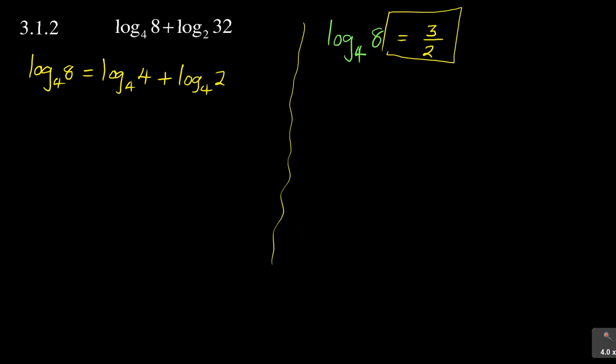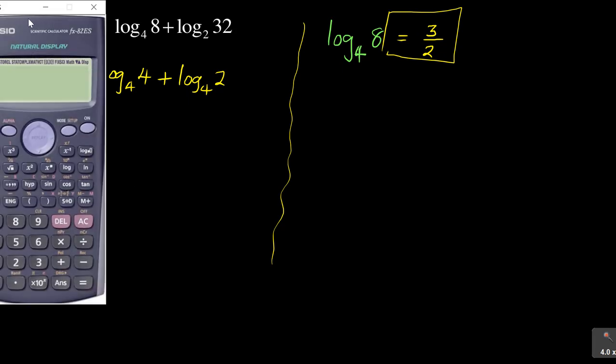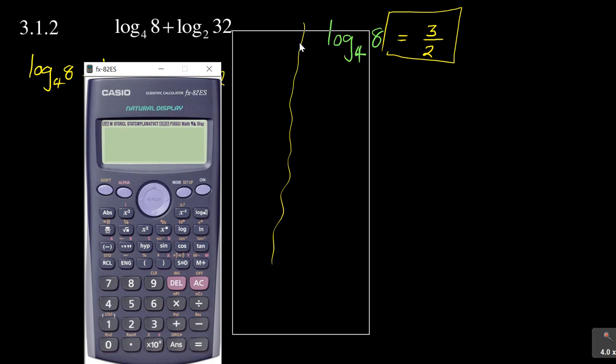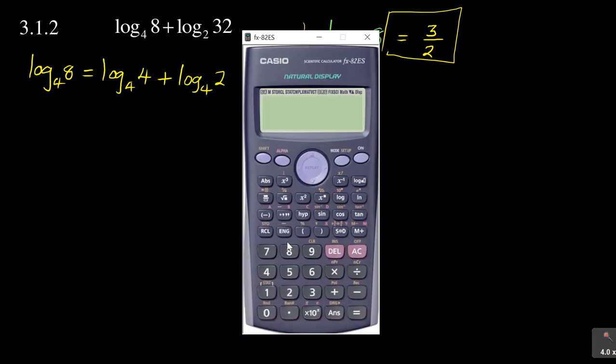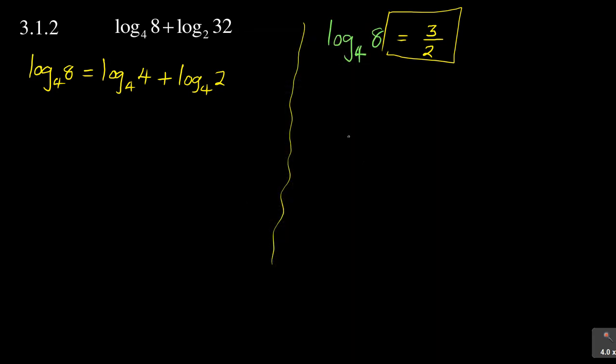If you quickly take a calculator just to check that you are still using the same method, you can take a calculator and key in log 4 of 4 plus log 4 of 2, and see where it takes you. It still gives you 3 over 2, which means you are still in the right direction.